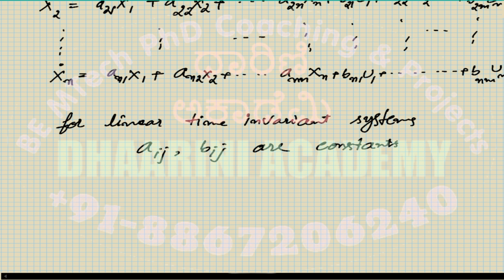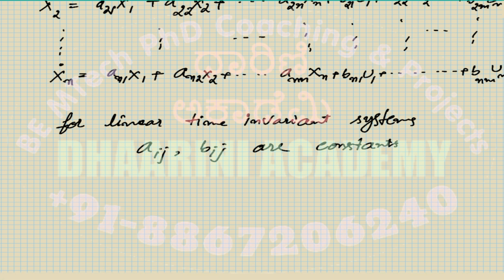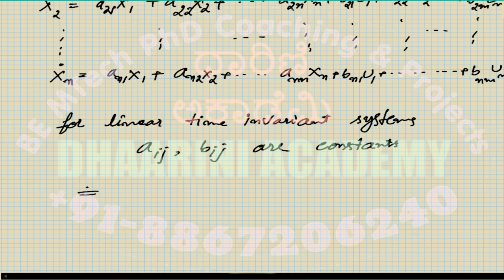So directly now we can represent these values in the form of a matrix. This implies we can write x dot of t, a time dependent value, equals A, which remains constant, times x of t, because you can see x1, x2, x3 up to xn, so x of t represents all such values, plus B into u of t.